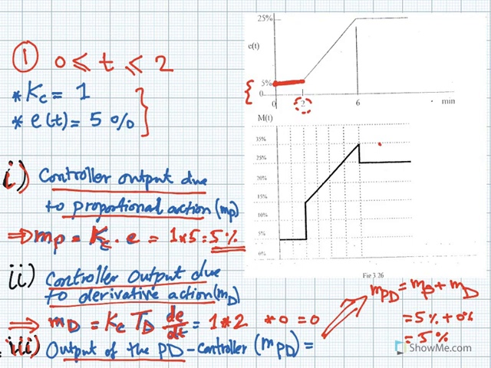So now it's clear that the output of the controller due to the proportional derivative action equals 5%. So we started from time 0 to 2 minutes, and we have finished this interval.